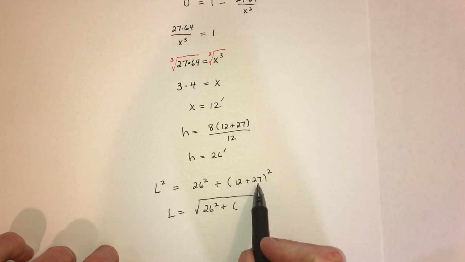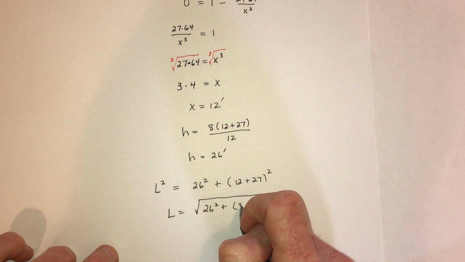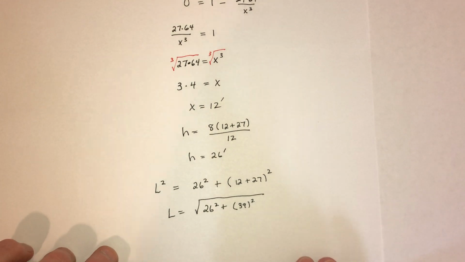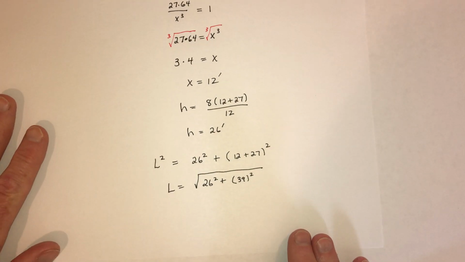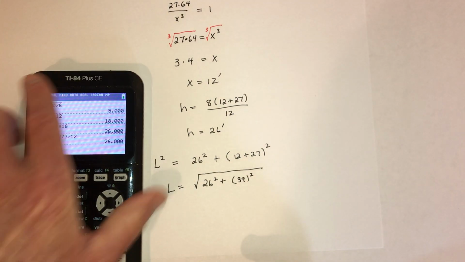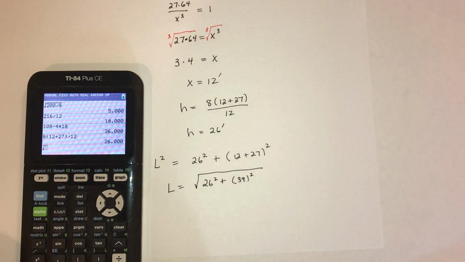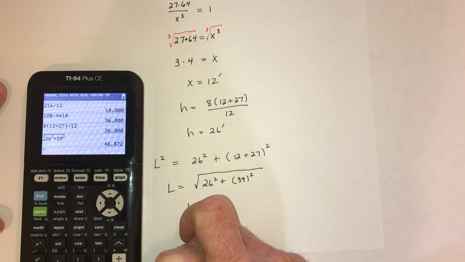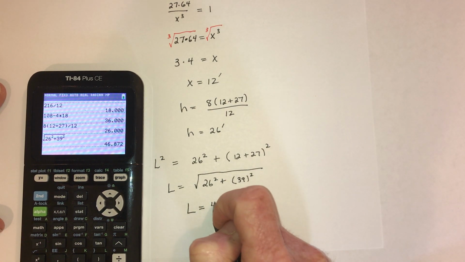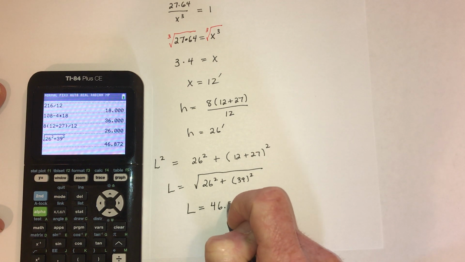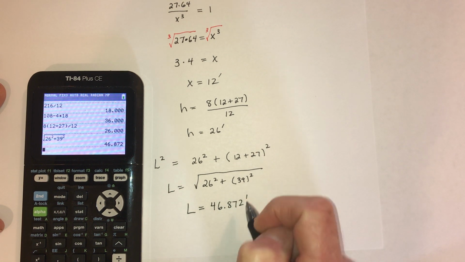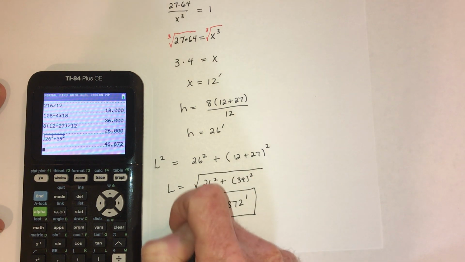How much is a 12 and a 27? That's 39. So how much is the square root of a 26 squared plus a 39 squared? So the beam is going to have to be 46.872 feet long.